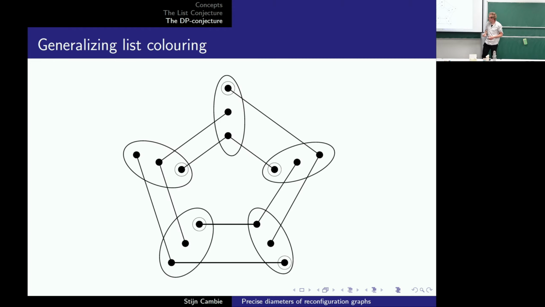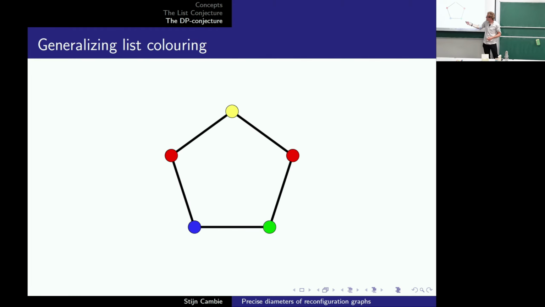So in this case, we can find a transversal like this. The initial list cover is like this, and so we can see 5 colors. So we have found a proper list coloring of the graph.